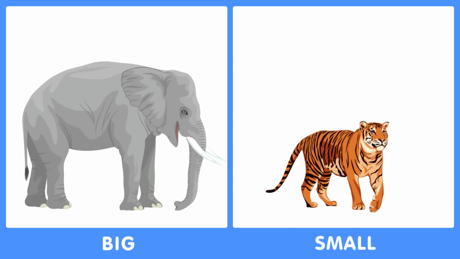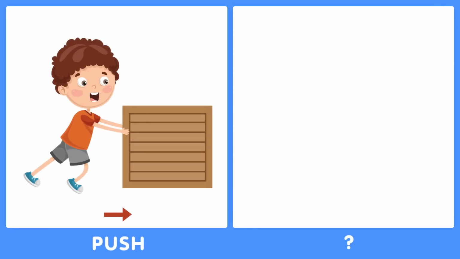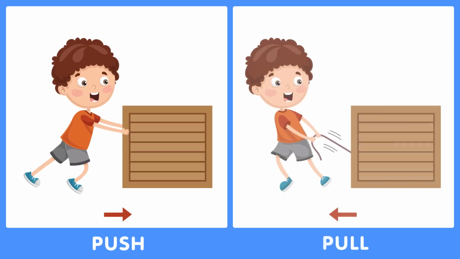The opposite of big is small. The next word is push. The opposite of push is pull.